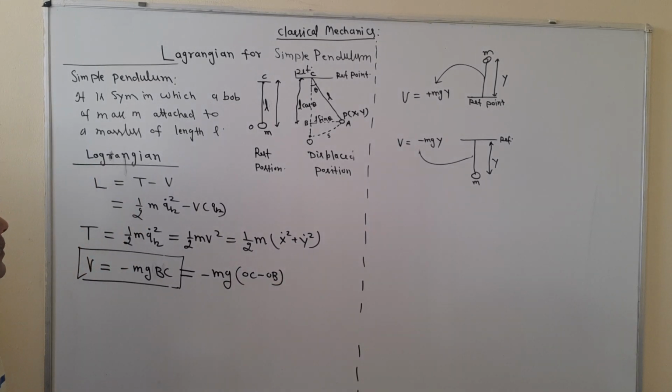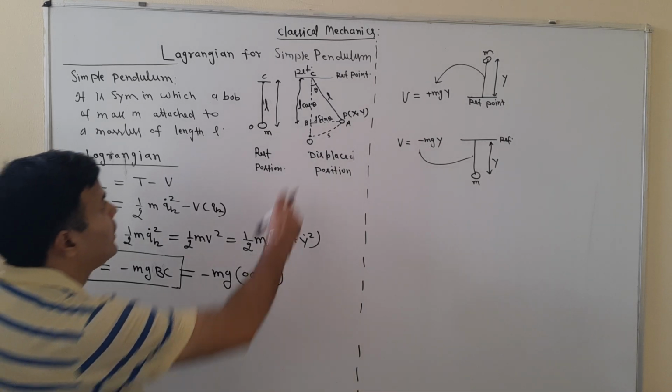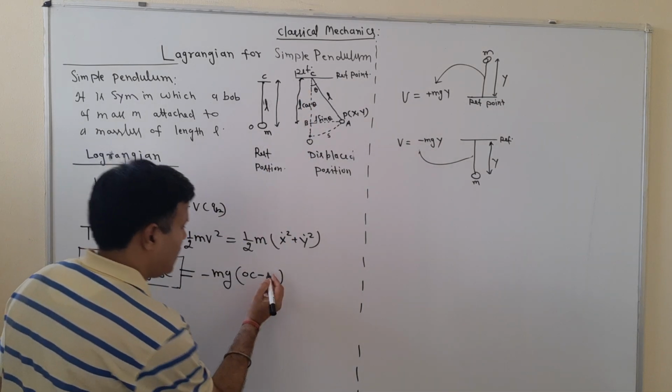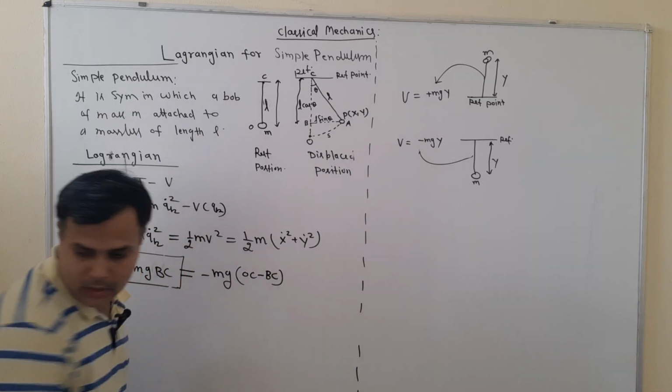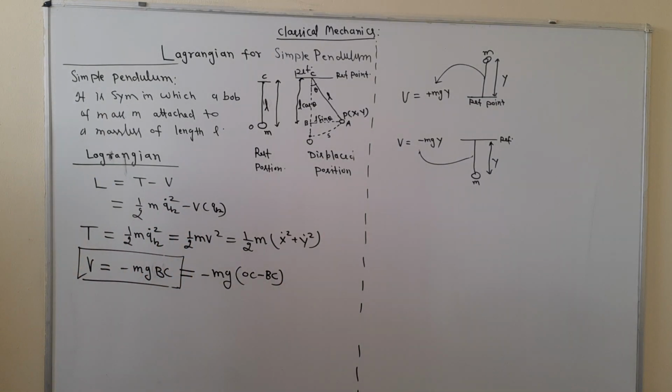OC minus OB. So this is simply, let me revisit, OC minus BC. This is OC minus BC.